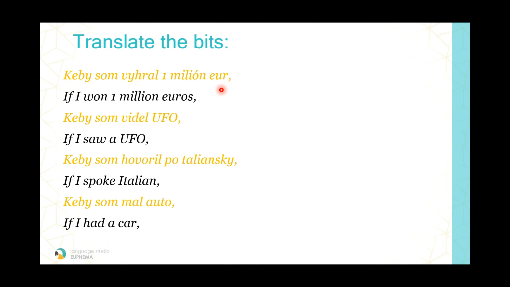If I had a car, excellent. And now we'll continue with main clauses. Cestoval by som. I'd travel or I would travel. It's a main clause. That's why we have to use would plus infinitive, right? Next. Nepovedal by som to nikomu.